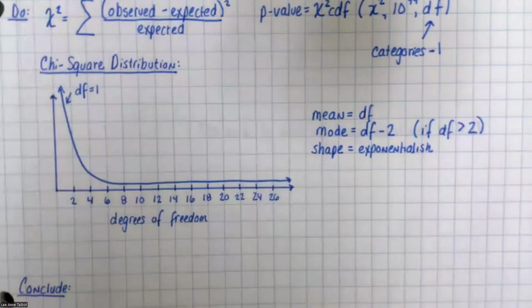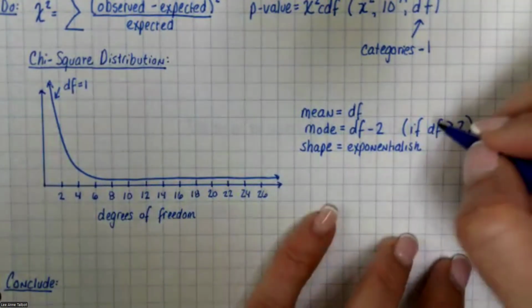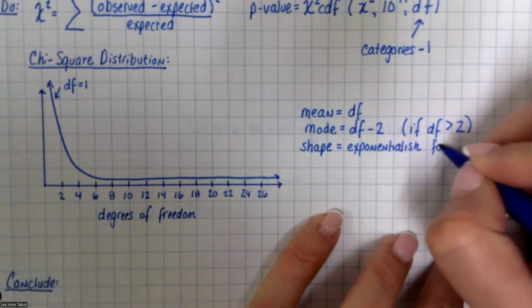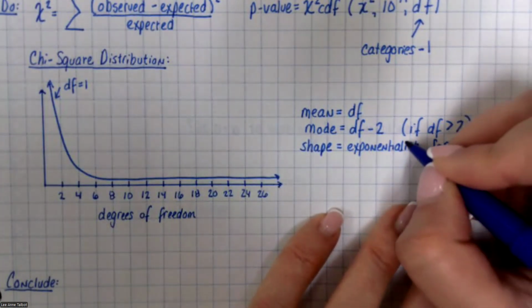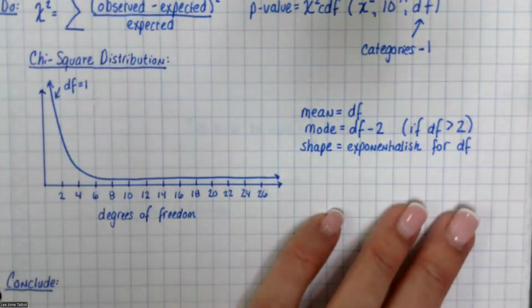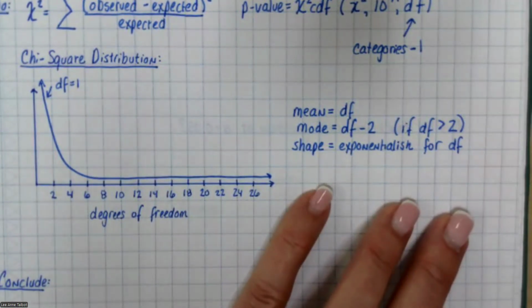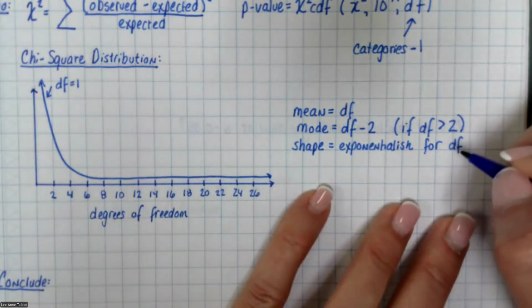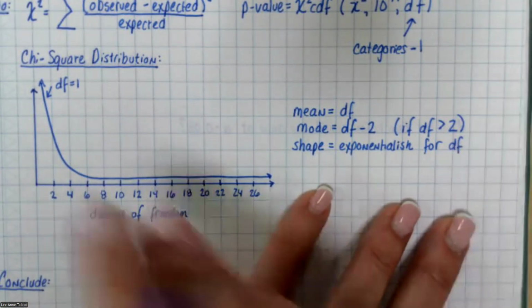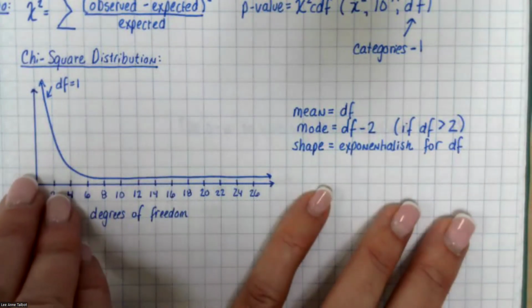I'm making up this word: exponential-ish. That's not what it is. I don't know what it is, but that's what it looks like to me as a math teacher. So I'm not going to ask you to describe one that looks like that. We would never. Why would you do this? You would just do a 2-sample proportion test.